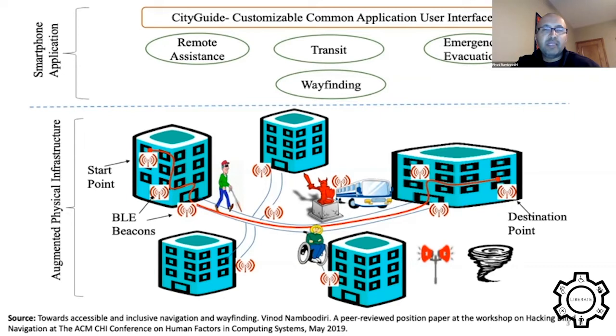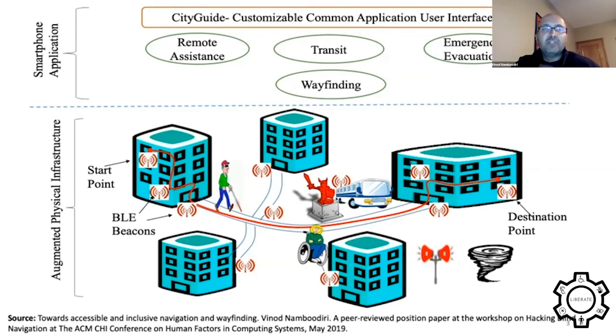A wheelchair user may want to know where the ramp is, wherever they are moving around. Somebody with cognitive impairments may want additional help making decisions about how to get around. So there are a lot of broader benefits of location-based services, which is what I'm interested in looking at.